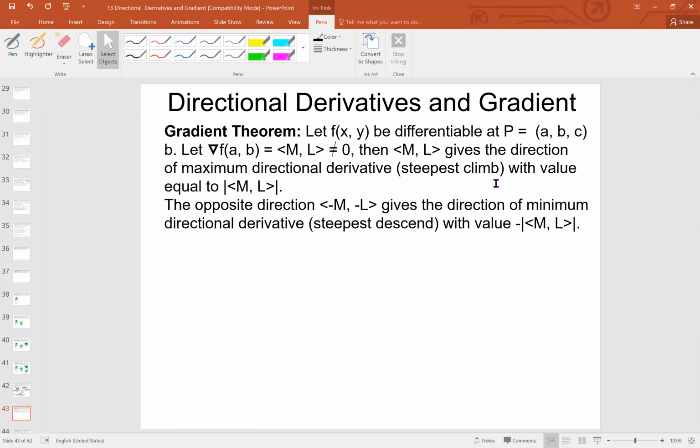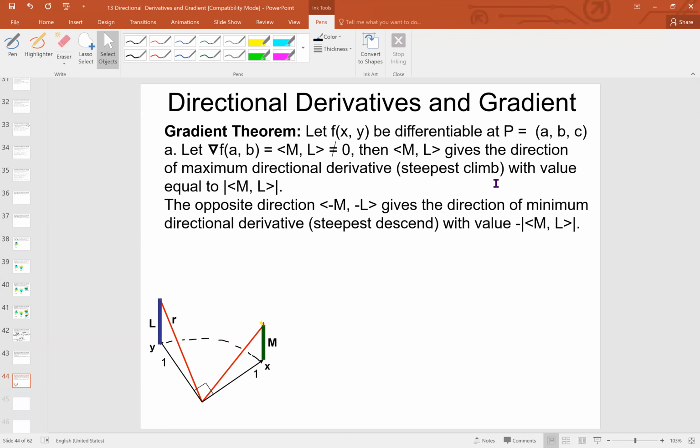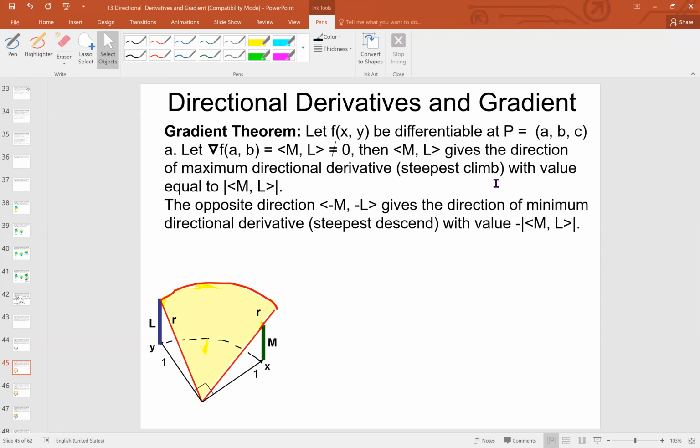Steepest climb. The opposite direction gives you the steepest drop. All this happens on the tangent plane. Okay, so here is a picture. Suppose I have a plane, and here is how that plane is made.